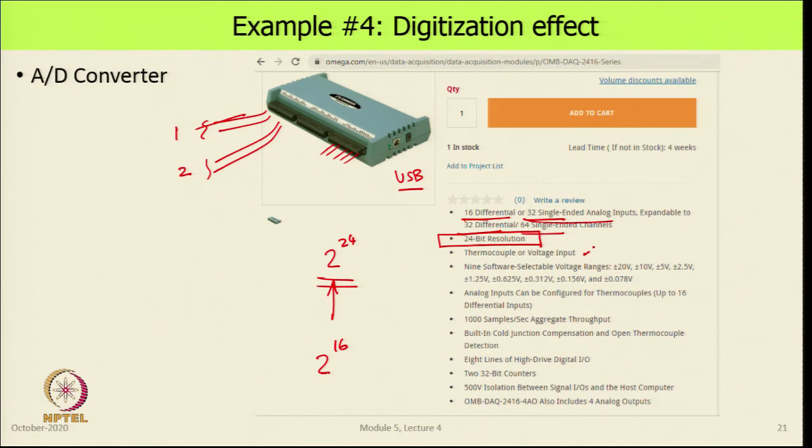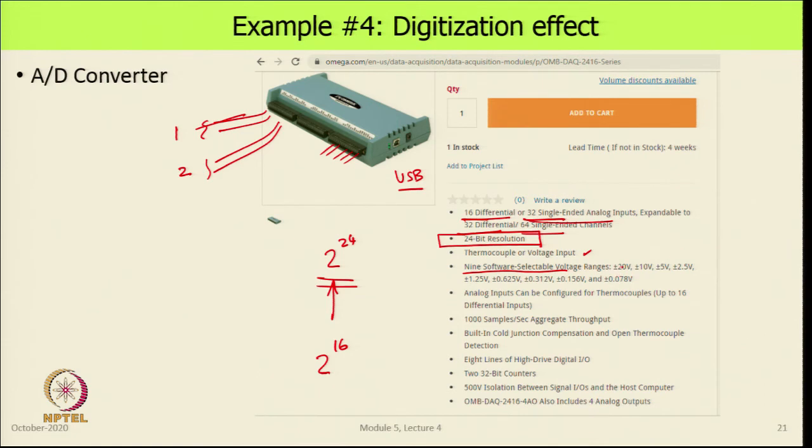The input here can be thermocouple or voltage, and then it says what is the input range that we can select. It says 9 software selectable input voltage ranges. So, in the driver software we can decide what it is that we want.